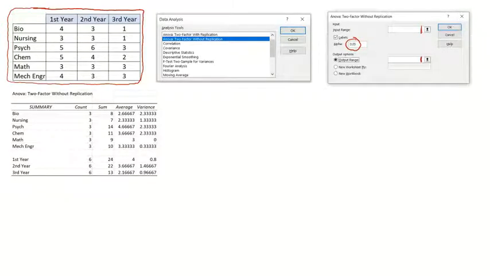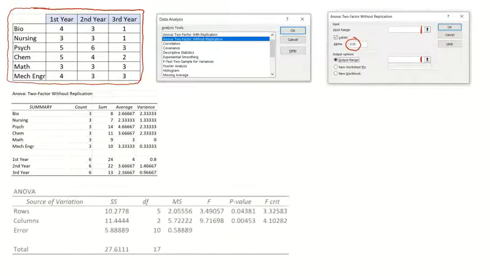Excel is going to present to you two tables. The first table is a summary of the descriptive statistics like the averages or the means and then the variances, similar to what we did a while ago. But the more important table is the one at the bottom, the one that's labeled ANOVA.